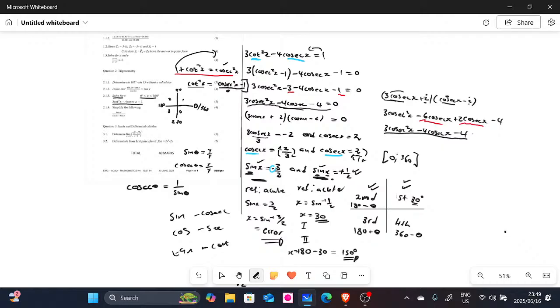So this is out of 5 marks. While you are writing your questions, let me show you how we allocate marks here. We allocate marks for changing the identity, then for factorizing and getting the right factorization, and then for these two answers, 30 and 150.